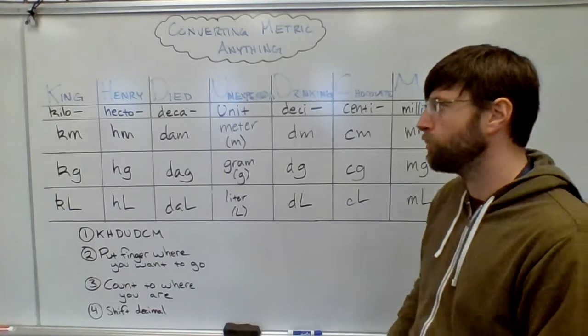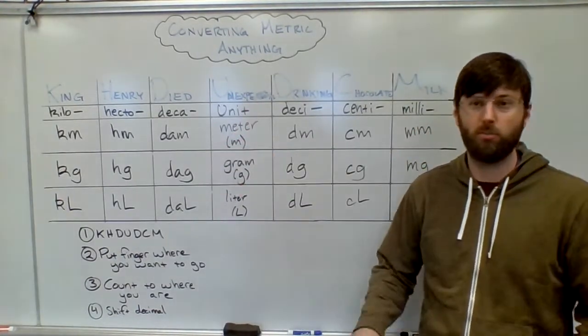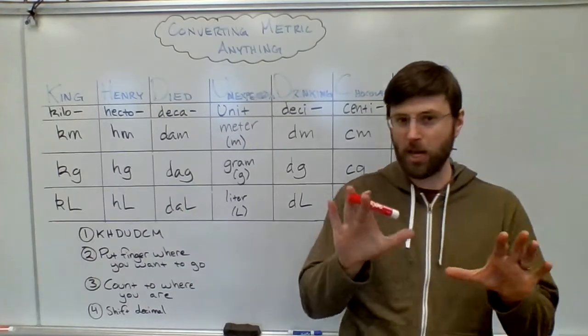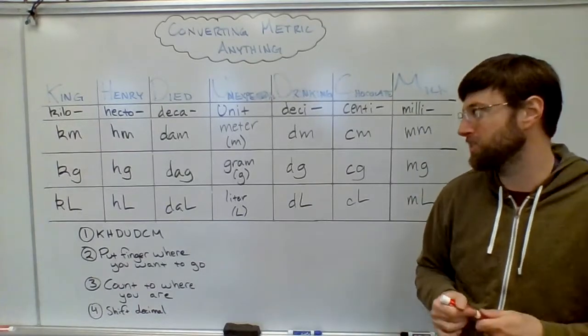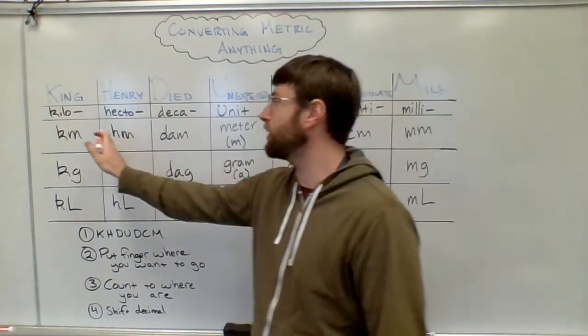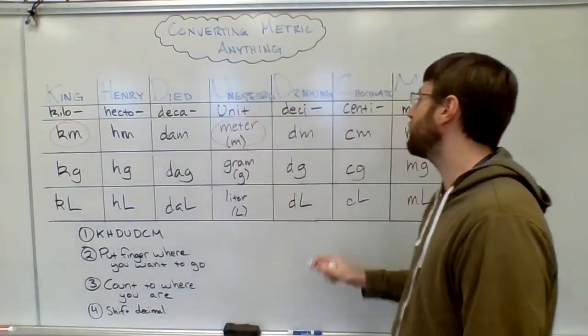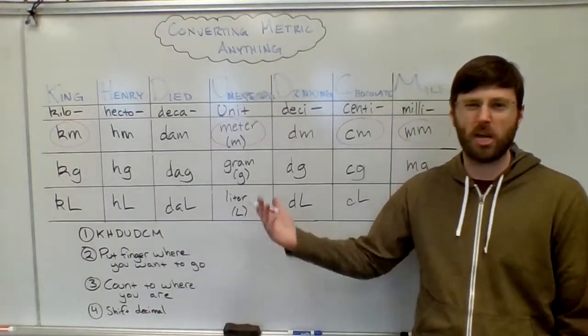But I also want to point out that most of these words up here that I've said, you've never heard of before, because they don't really get used. I'm going to circle in red the ones that we actually use in every system. So for meters, we really do use kilometers, and we really do use meters, and we really do use centimeters, and we really do use millimeters. But nobody really ever talks about the other ones.